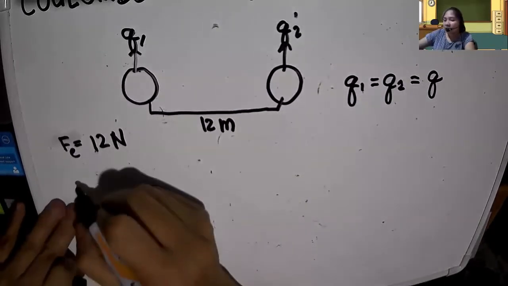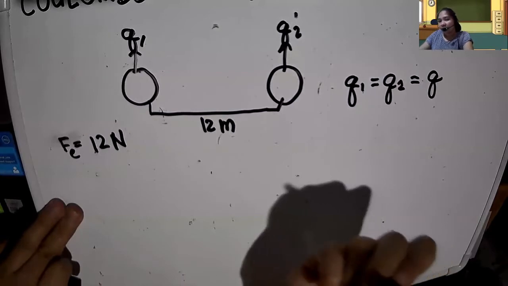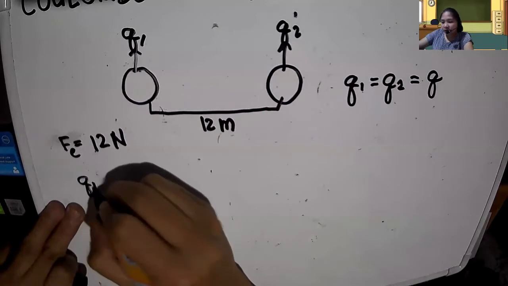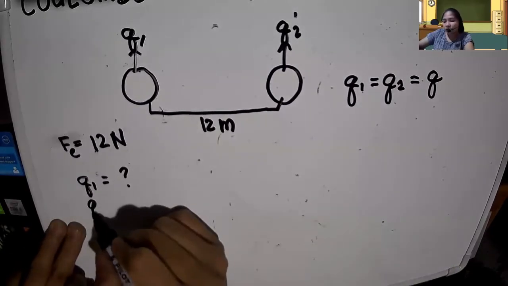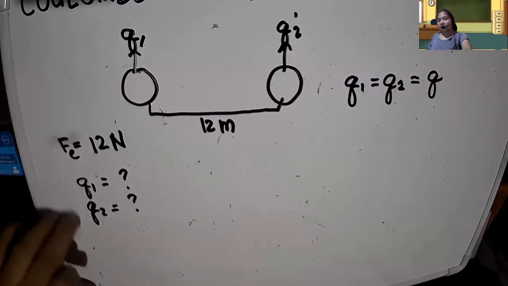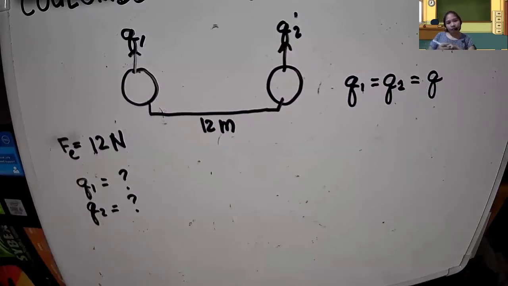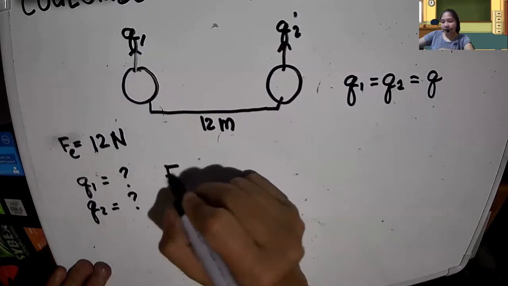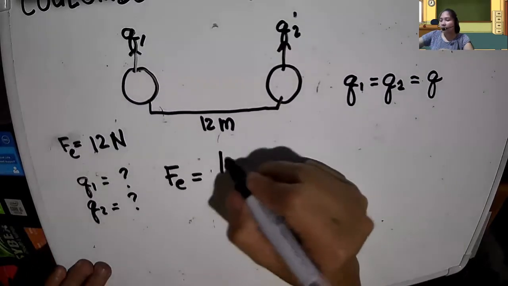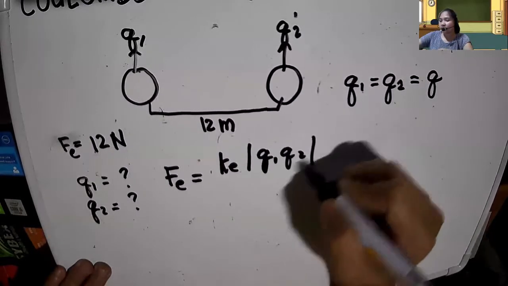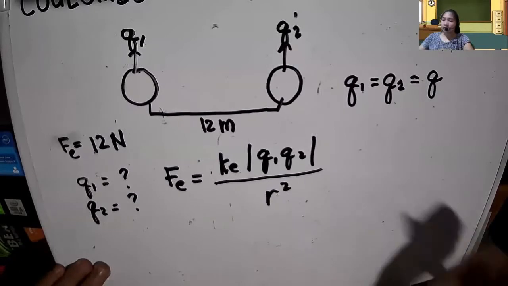So the question here is: calculate the charge on either sphere. So what is Q1 and what is Q2? It should give us the same answer for Q1 and Q2. For us to solve this one, we will use again Coulomb's law, wherein Fe is equal to Ke times the absolute value of Q1 Q2 over r squared.